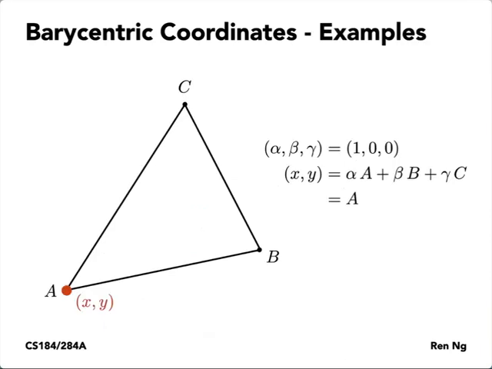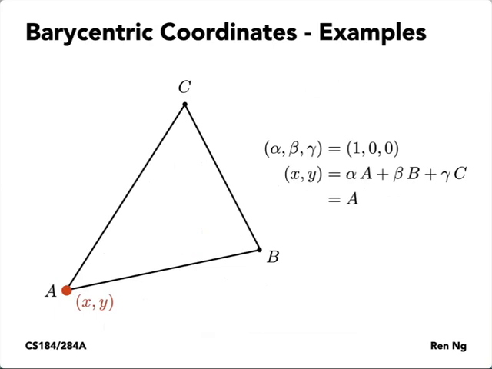I'll give you a couple of examples. If XY is located at A, then it turns out the barycentric coordinates, I'll show how we calculate these in gory detail in just a few slides, alpha, beta, gamma is going to be 1, 0, 0. So at XY, what is the interpolated value?